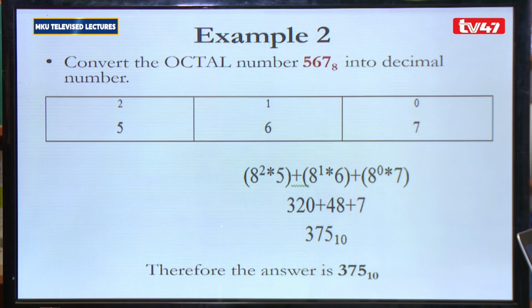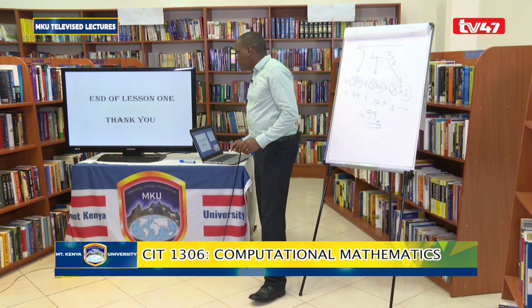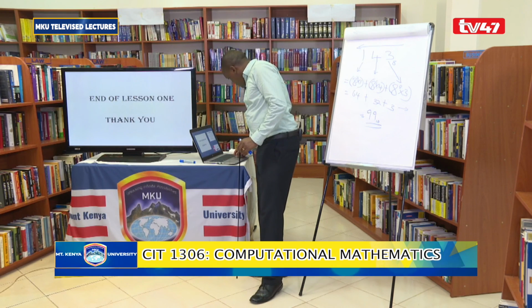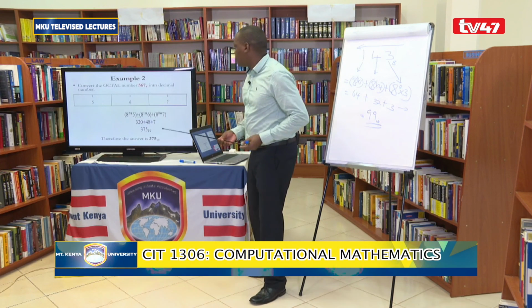Another example, 586 base 8 into decimal. Again, you start with 8 to the power 0 times 6, 8 to the power 1 times 8, 8 to the power 2 times 5. Then you add them together, and you get the required decimal number. That is our last conversion for today.